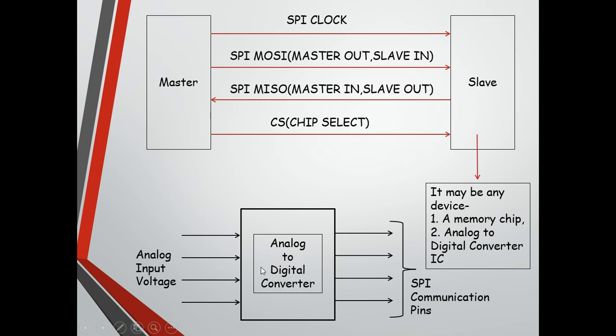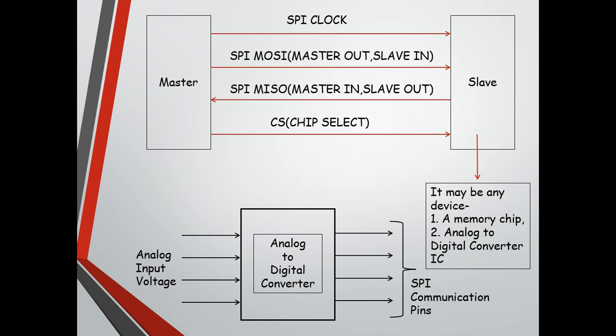Master can indirectly get these analog values. Suppose you come to a situation where you don't have any analog pins in your master device. That means your master device does not support analog to digital converter. Or suppose you are lacking analog to digital converter pins in your master device, that means the pins are full and you do not have sufficient pins.